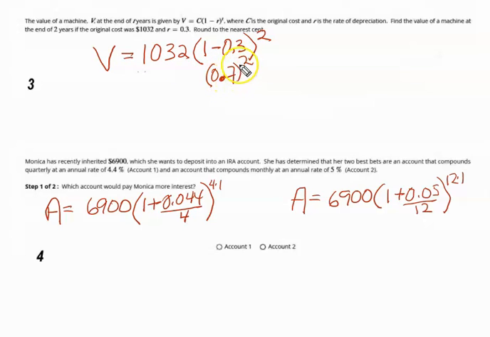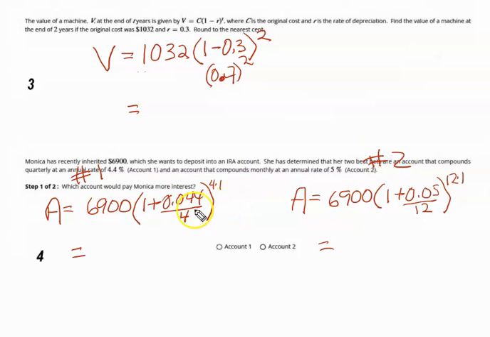So 0.7 squared multiplied by this will give you what? And then again, doing this formula and this formula, this is account 1 and this one is account 2.